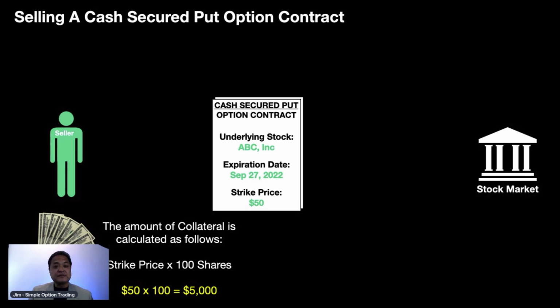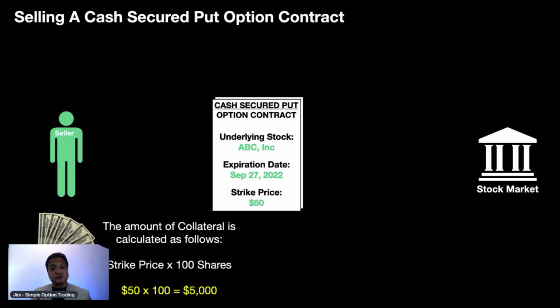And from the previous slide, we saw that one option contract controls 100 shares. So in this example, the way anyone calculates the collateral amount is they take the strike price, the $50, or whatever the strike price happens to be, multiplied by the 100 shares because it's one contract, which means I need to reserve $5,000 as my collateral.